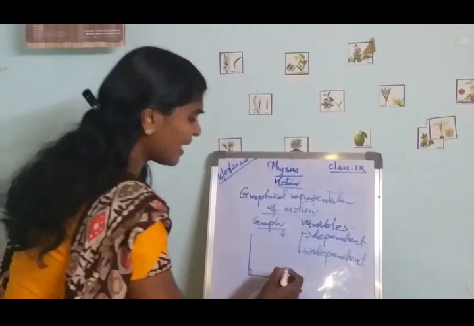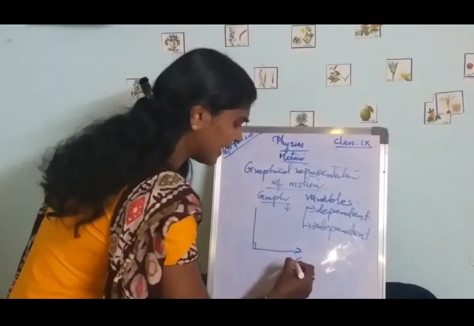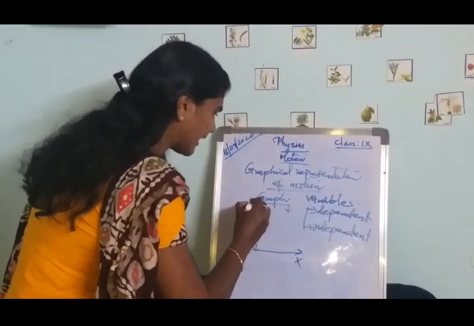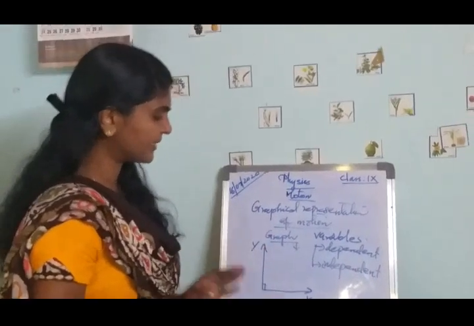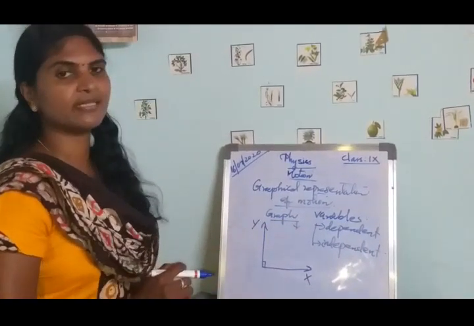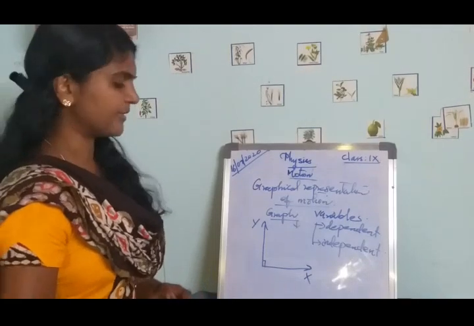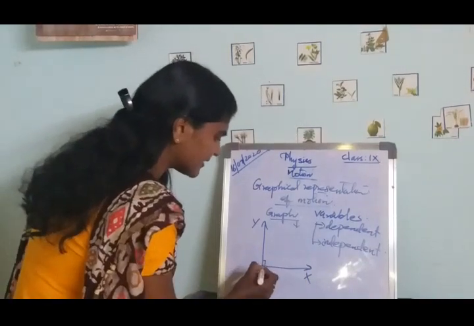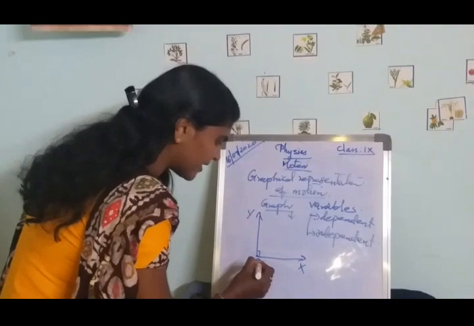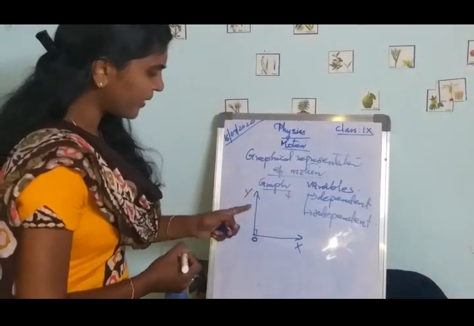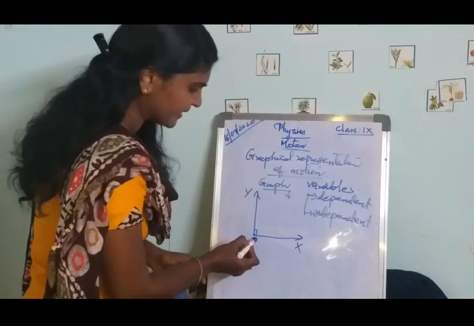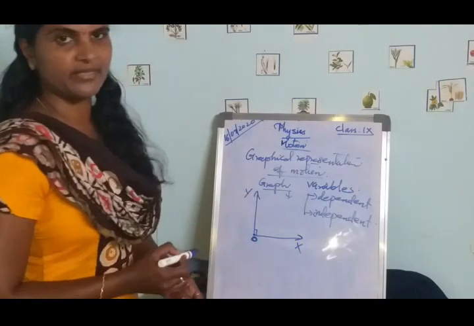The horizontal axis is called the x-axis and the vertical axis is called the y-axis. These two axes meet at a point, and that point is called the origin.